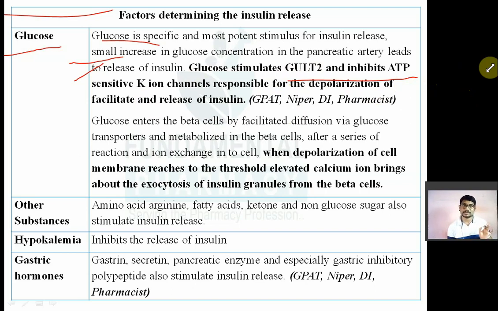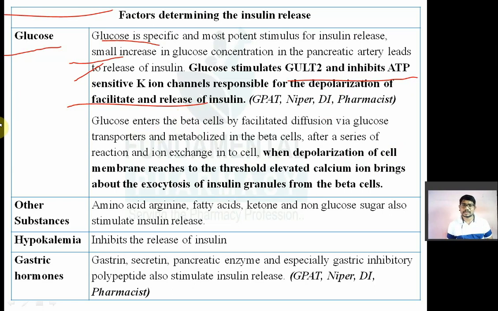Because of this depolarization, calcium will be released. Calcium will break down the granules present in the beta cell and release the insulin. Glucose stimulates GLUT2 and inhibits the ATP sensitive potassium ion channel responsible for the polarization of the cell, and it will facilitate the release of insulin.